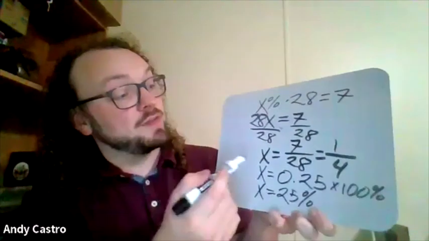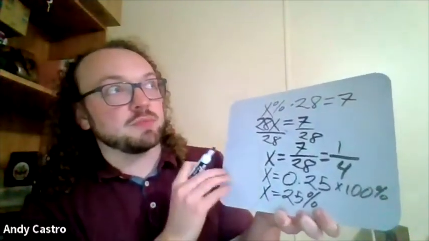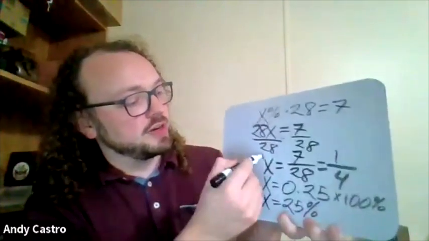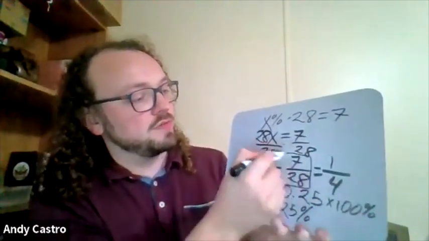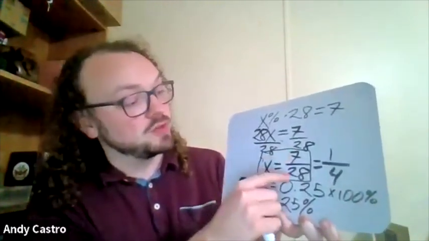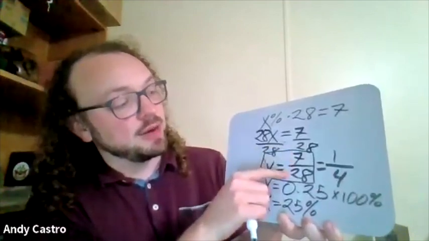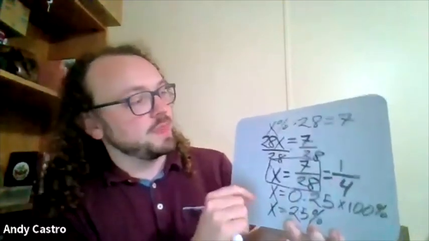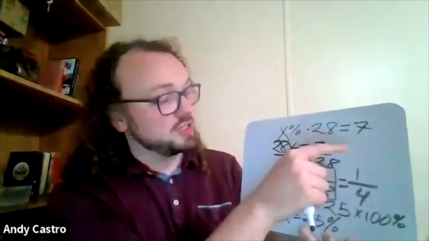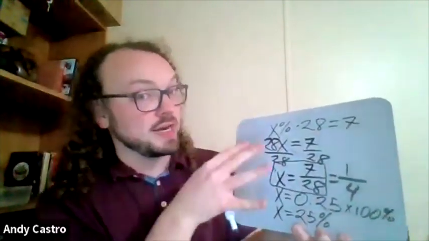If you're thinking about it as part over whole and you start there, then we would start here with 7 out of 28 is a fourth. I'm just finding it clearer to start just like this, read the sentence, turn it right into an equation, and then go from there.